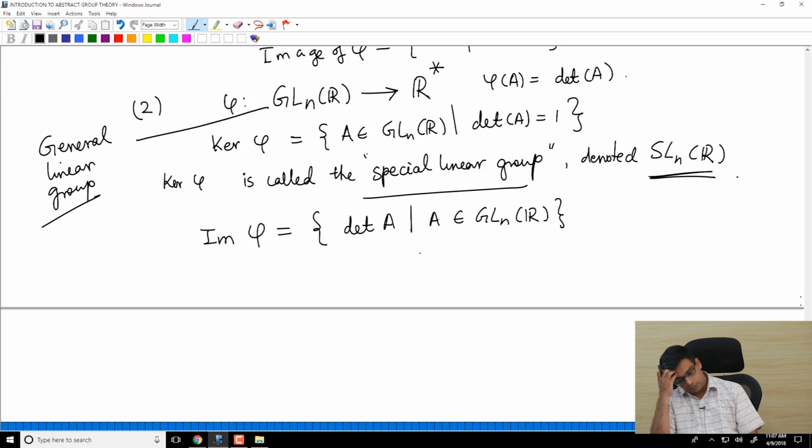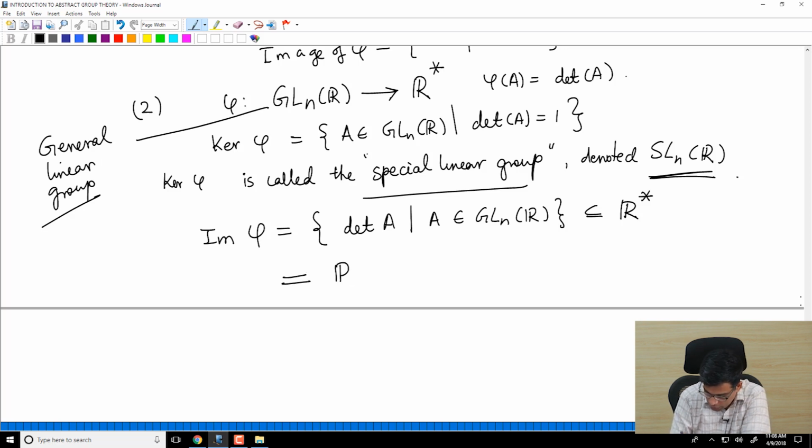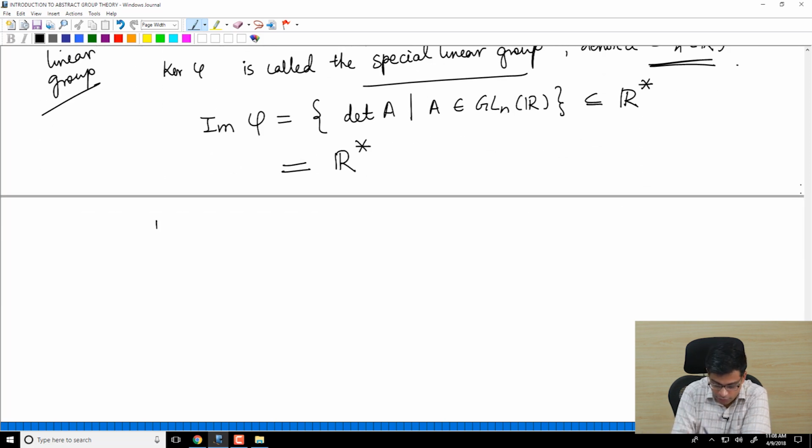What is this? By the previous proposition, it is certainly a subgroup of the multiplicative group of non-zero real numbers. But I claim in fact that it is all of the non-zero real numbers. Why? I claim that the image of the determinant map is all of the non-zero real numbers.